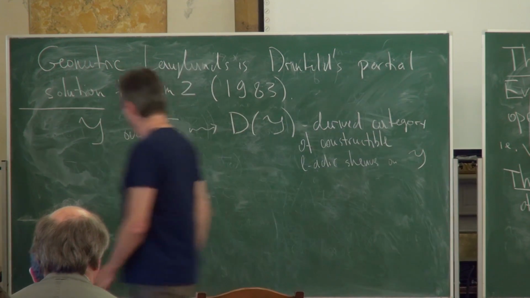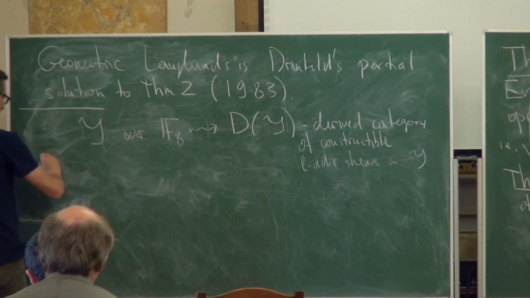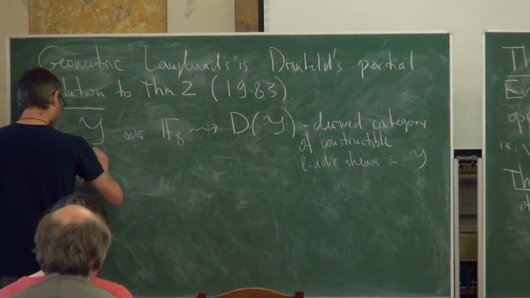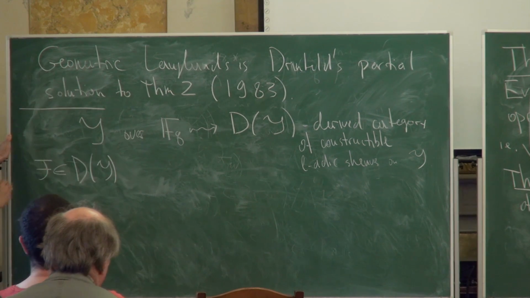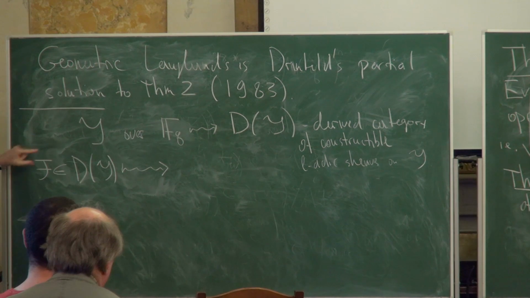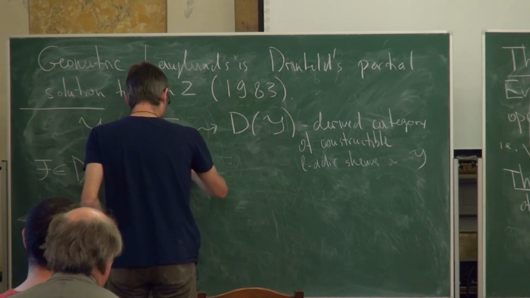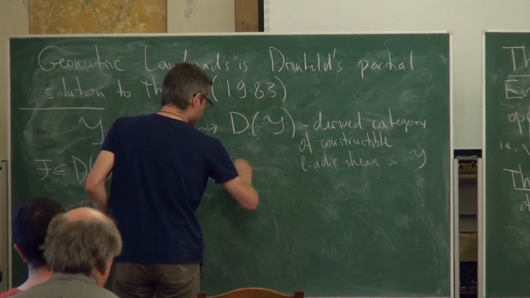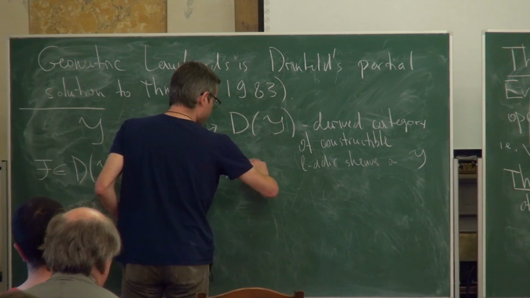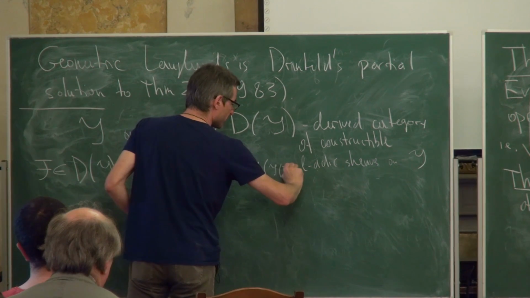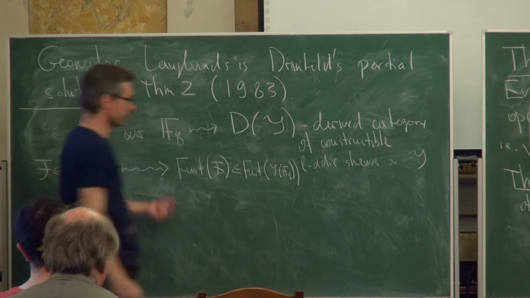And what Grothendieck says is that if you start with an object of this category, call it capital F, to this F you can attach a function on the set of F_q points of Y. Let me write it. Func of F, and it's an element in the space of functions on the set of F_q points of Y with coefficients in Q_ℓ bar.